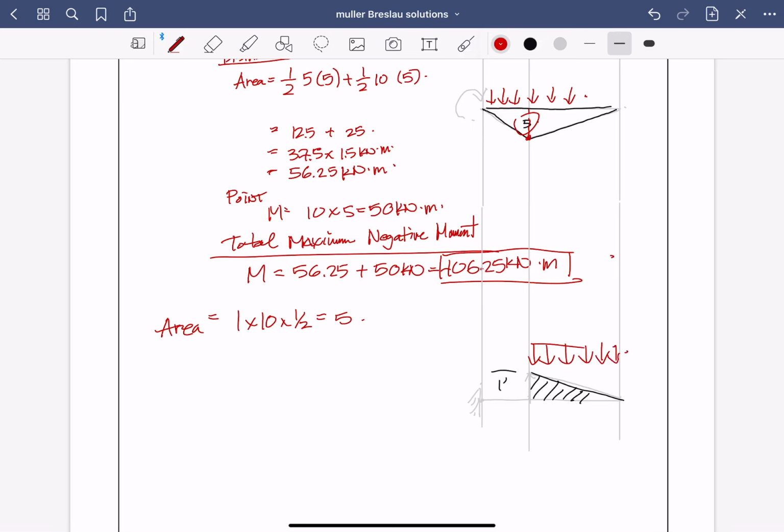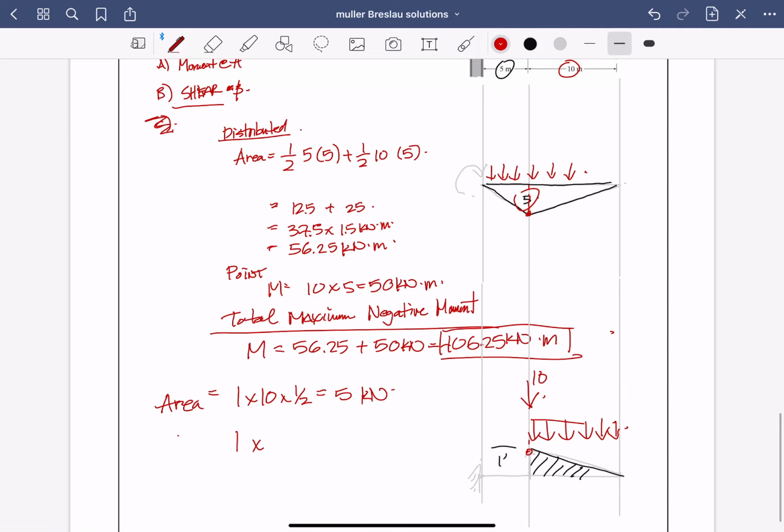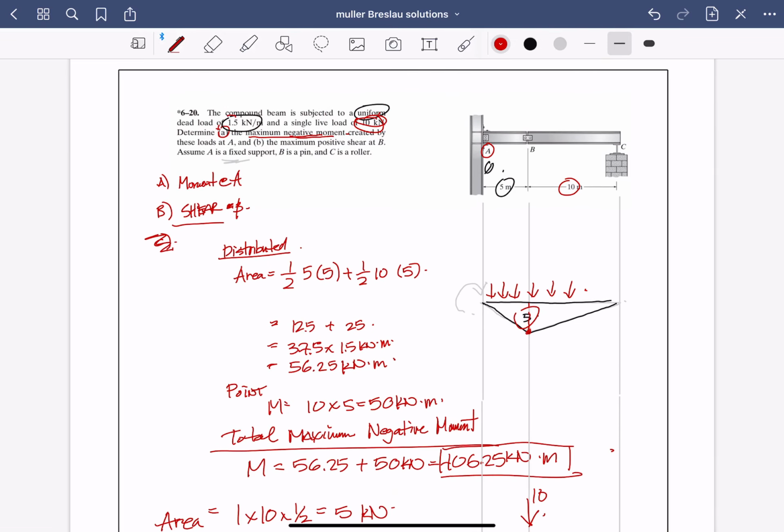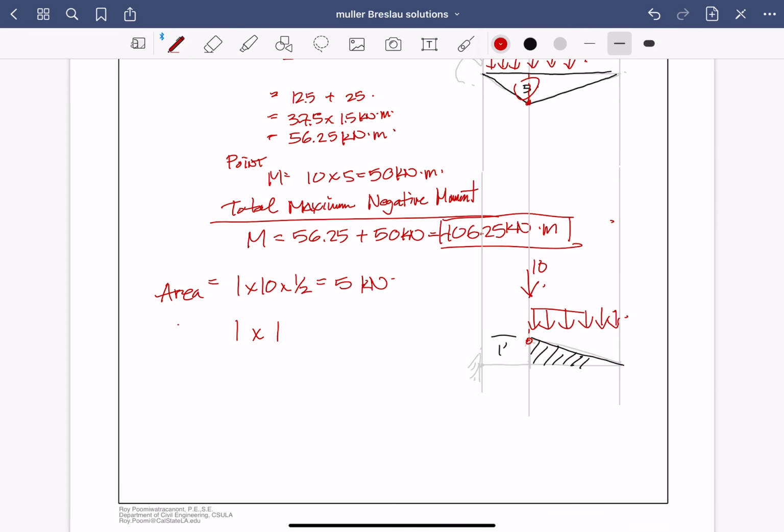And then we apply the 10 right here, because that's going to give us our bang for the buck. So we'll also do 1 unit load multiplied by 10 kilonewtons, which is equal to 10 kilonewtons. So we know that the total load is 15 kilonewtons.